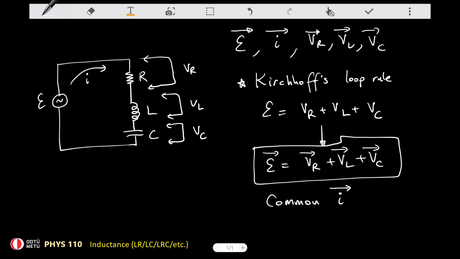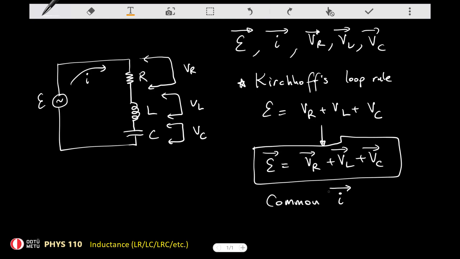What I'm going to do next is find the relationship between the current and each of these potential drops, starting with the resistor in here. And at the end, of course, we are going to find the relationship between the current and the EMF by using this relationship. So this is what we need to do.